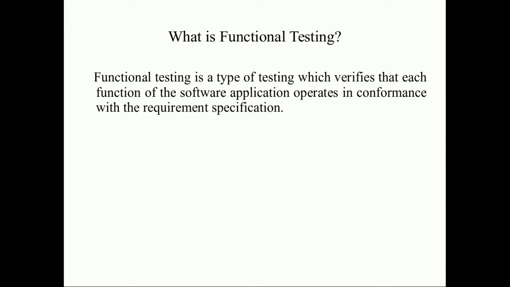Then we execute the test cases for the functional testing, and in the last we compare the actual and the computed expected results. So: understanding the software requirements, identify the test inputs, compute the expected outcomes, execute test cases, and comparison. This is the process of implementing functional testing.